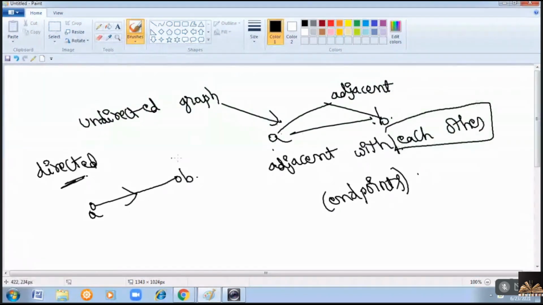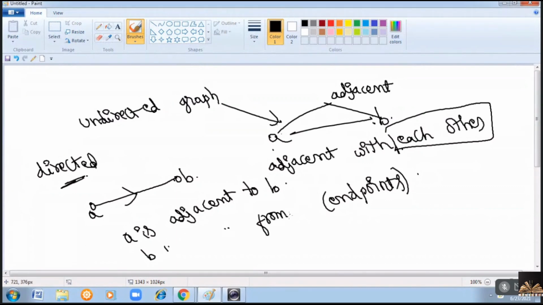This is important. Now coming to the directed graph, if the edge is from A to B, then we'll say that A is adjacent to B, and B is adjacent from A. Clear? In an undirected graph, A and B are known as the end points.